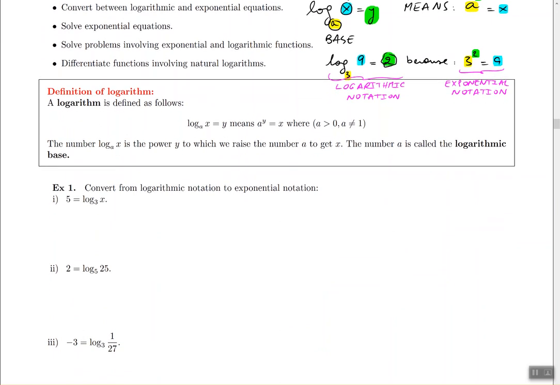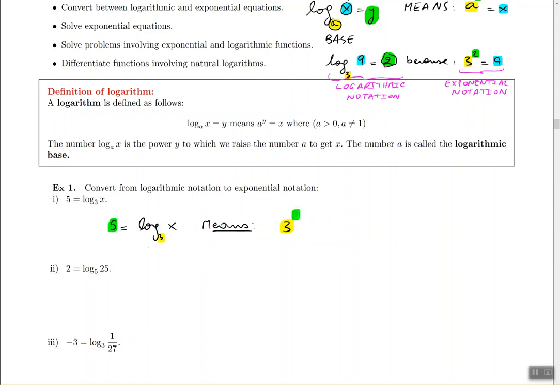In this first problem, it says 5 equals log base 3 of x. That's how we pronounce this: log base 3 of x is equal to 5. The question is, what does this actually mean in exponential notation? Well, keep in mind that the base is 3, so I'm going to write that first. 3 is the base. I'm going to think about what the power is, and the power in this problem is 5.